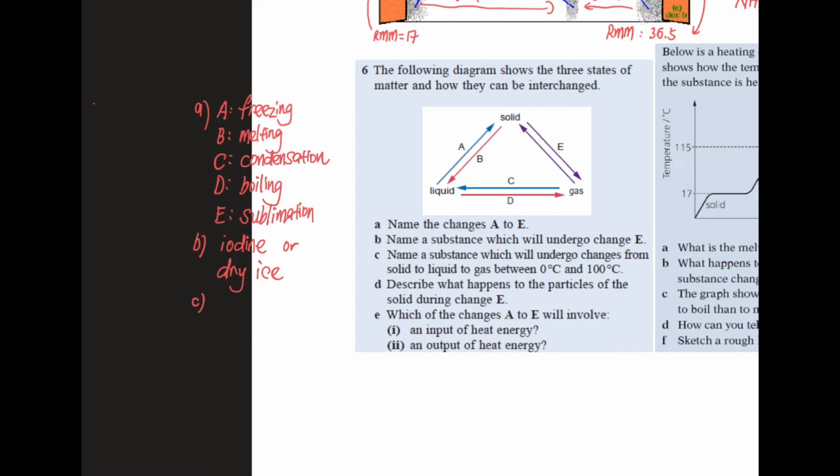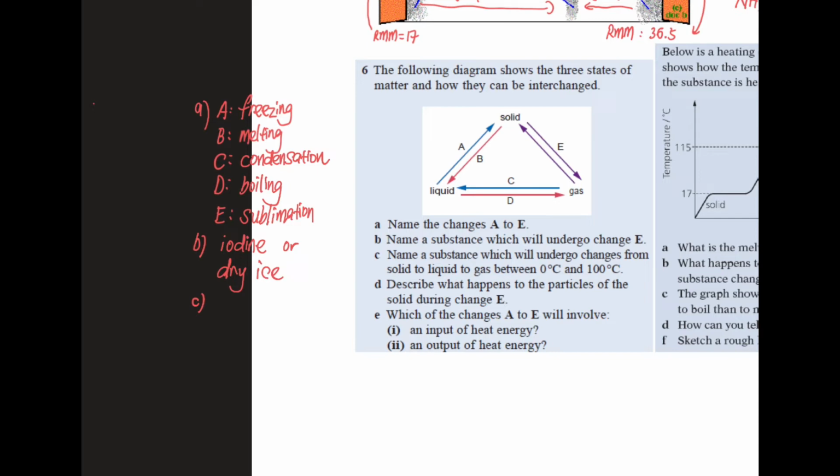Now let's see part C. Name a substance which will undergo changes from solid to liquid to gas between 0 degrees Celsius and 100 degrees Celsius. Do you think of anything? Sodium hydroxide, is it okay? NaOH.